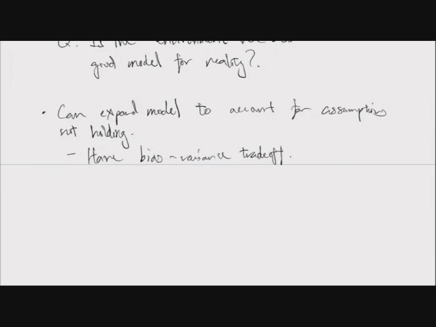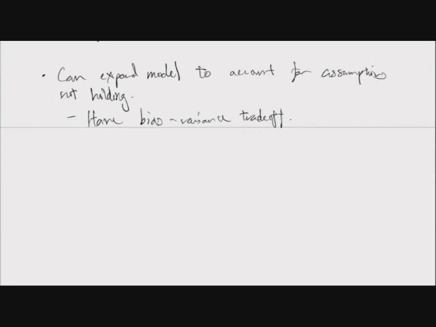So we definitely have to take this into account. When we model, there's going to be this trade-off: on the one hand, by having a more flexible model, we can reduce bias, but it's going to increase variance. So these are important issues that we have to keep in mind.